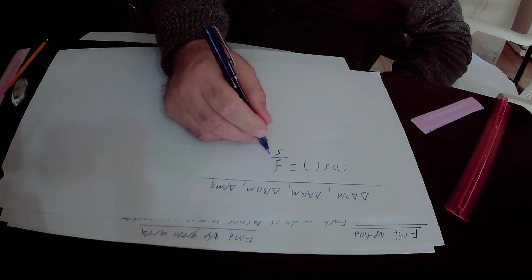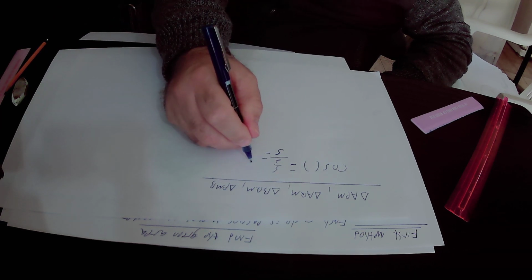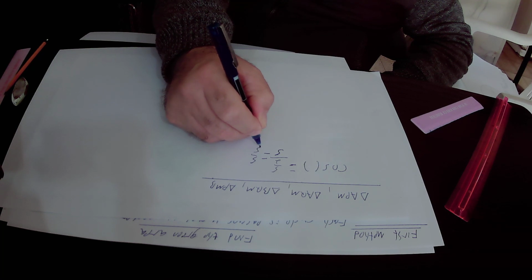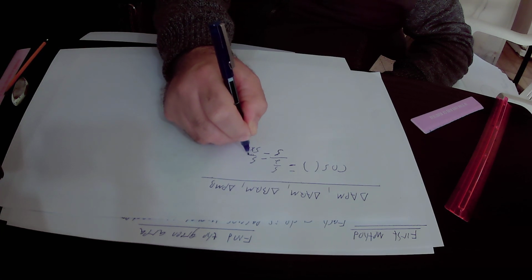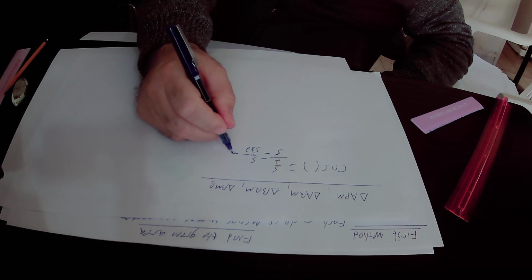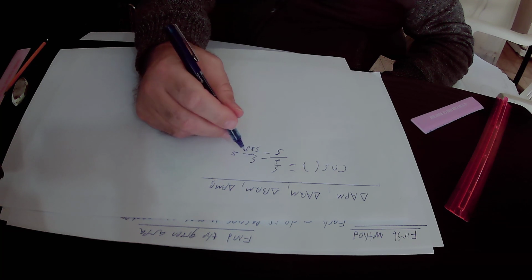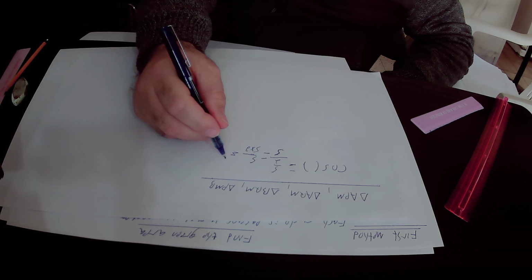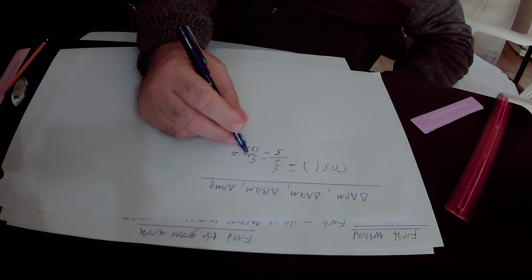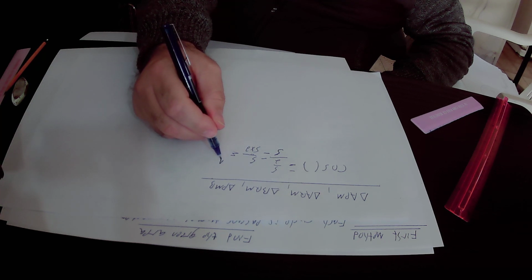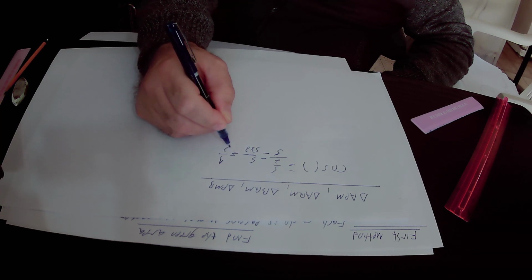Here 5 over 2 over 5 equals 5 over 5 times 2. And here 5 over 5 is 1. So this expression equals, in conclusion, 1 over 2.